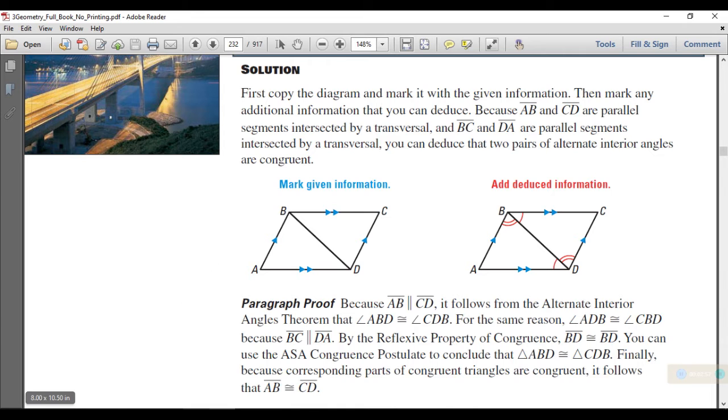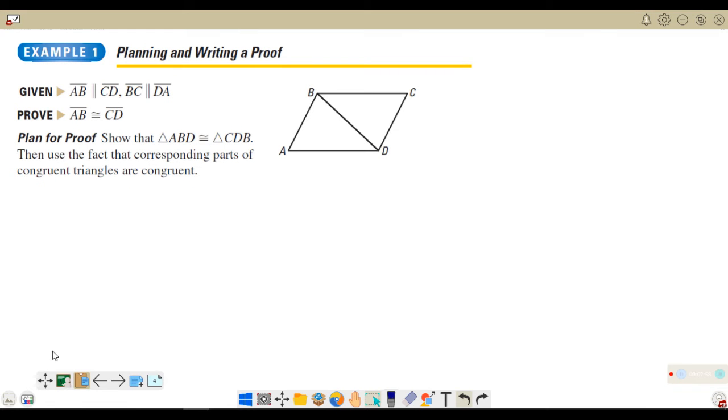Okay. Now, let's start the two column proof for this problem. Again, use the fact that corresponding parts of congruent triangles are congruent.